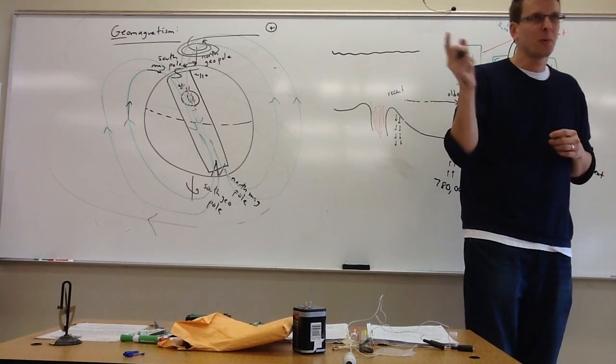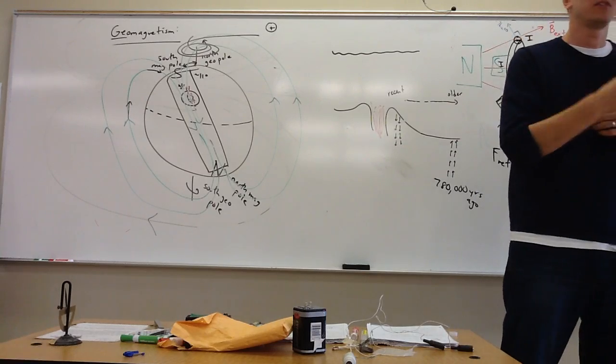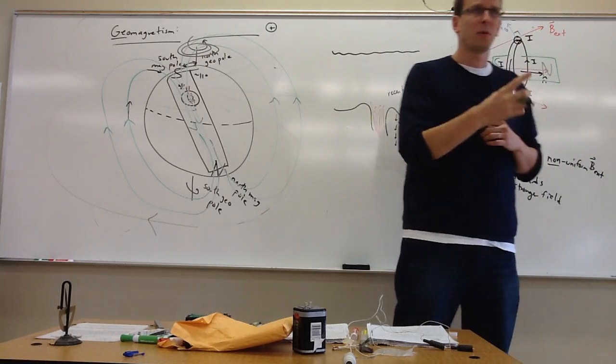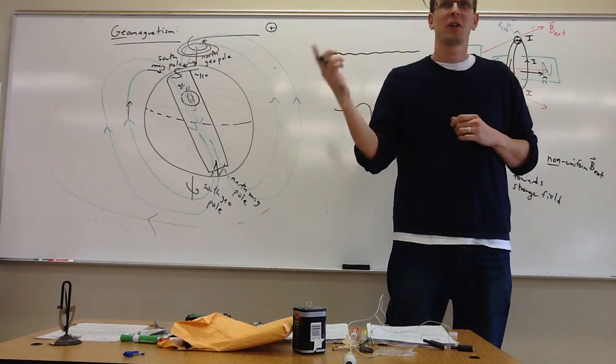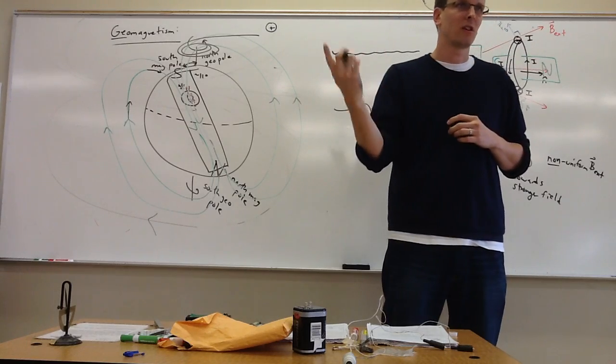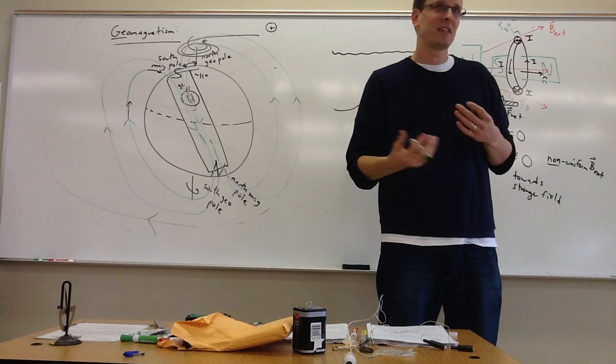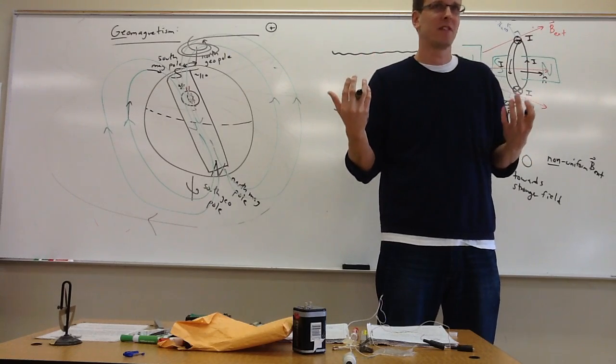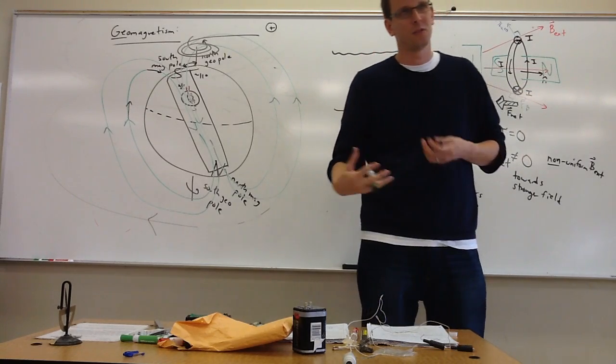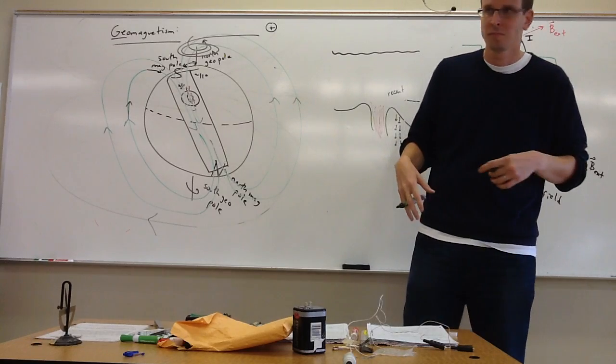And as these charged particles are making their circles and helices near the poles, they run into atmospheric particles and they glow. This is called the aurora, right? So the aurora is basically this pretty light show where instead we'd have these high energy charged particles coming down to hit us, which is not a good thing.